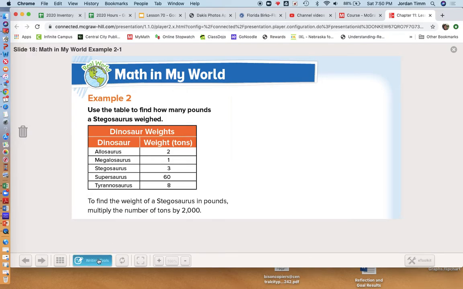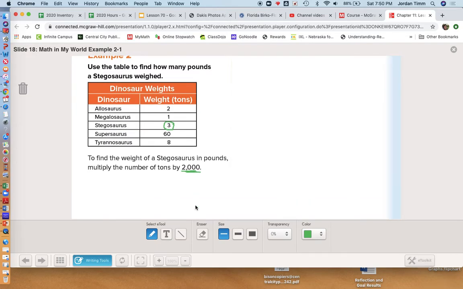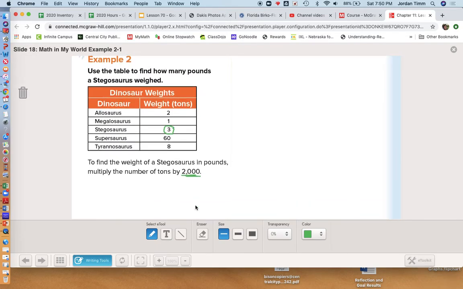Let's find how many tons the Stegosaurus weighed, which is 3 tons. But I need to convert it to pounds. I'm going from tons to pounds, larger to smaller, so we need to multiply by 2,000. So 3 times 2,000.